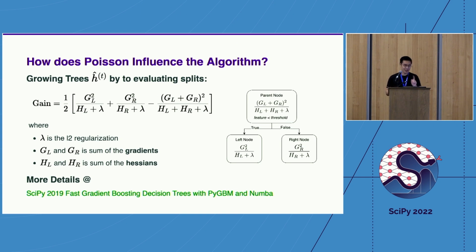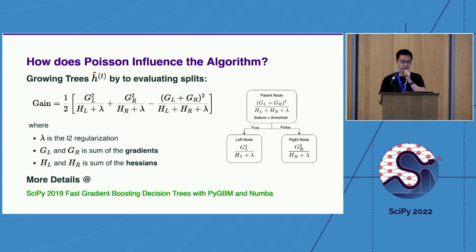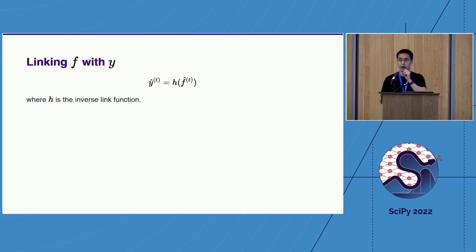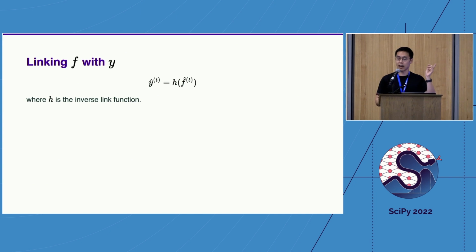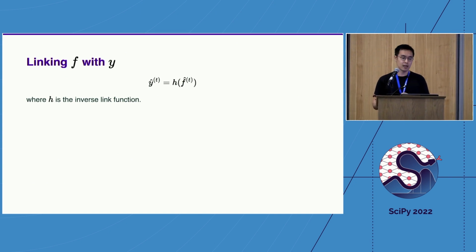Now, there's one more last detail I didn't put here. It has to do with how the formulation from before doesn't restrict the domain; it outputs any values from negative infinity to infinity, while Poisson restricts the domain from 0 to infinity. So the last thing about HistGradientBoosting is that there's also a link function between the f hats and the predicted target, because we want to restrict the domain from 0 to infinity.